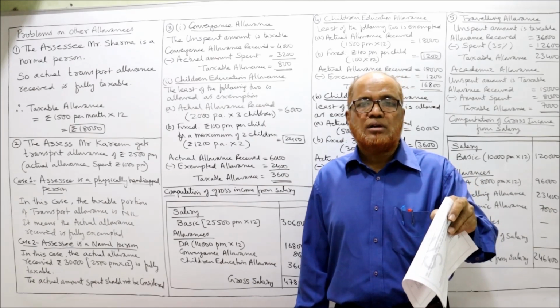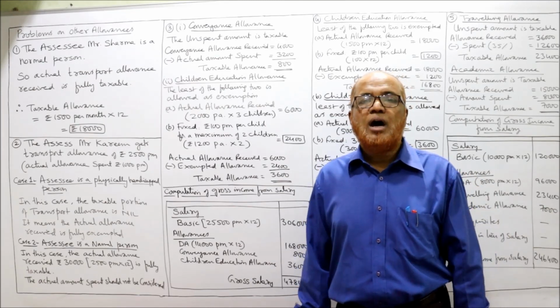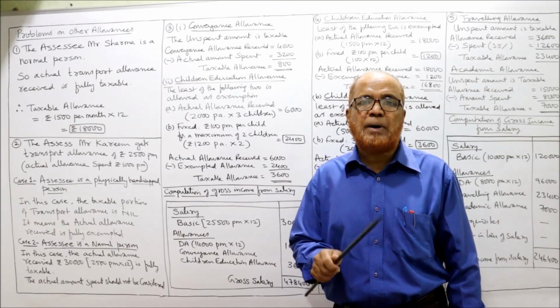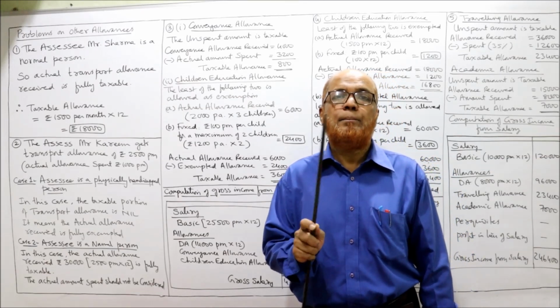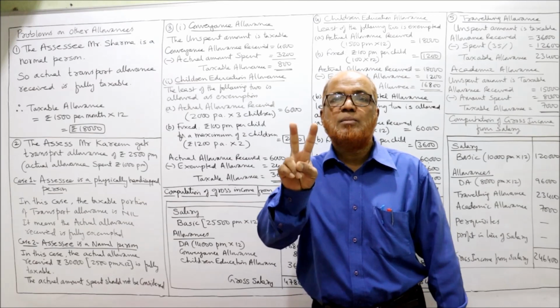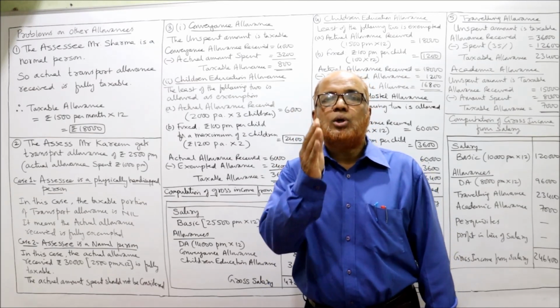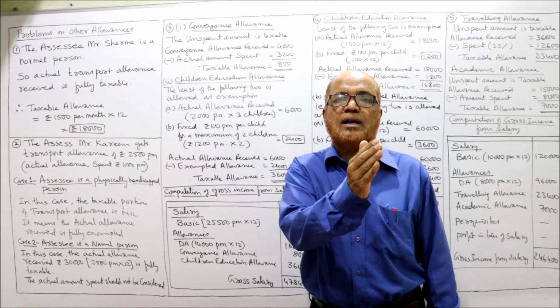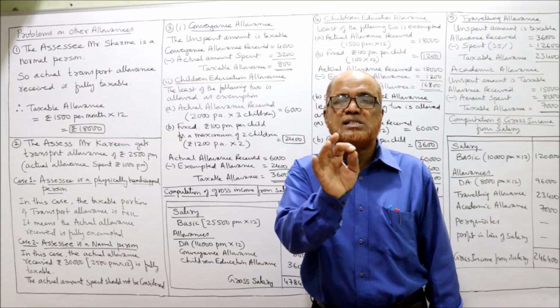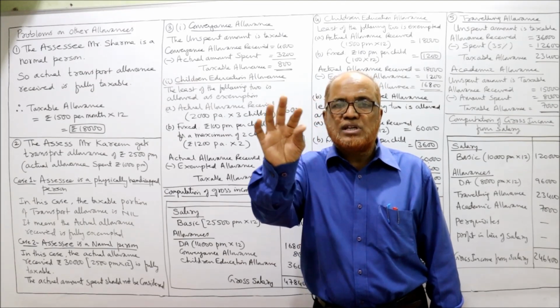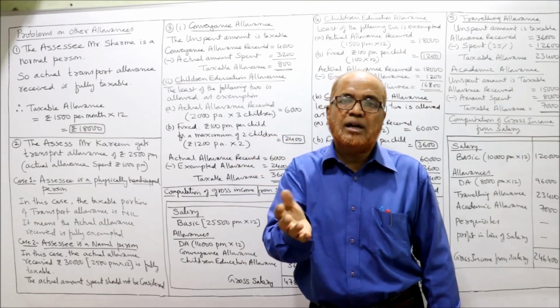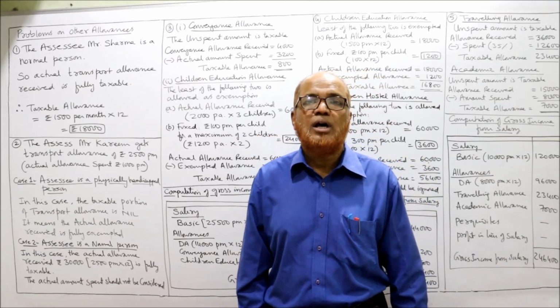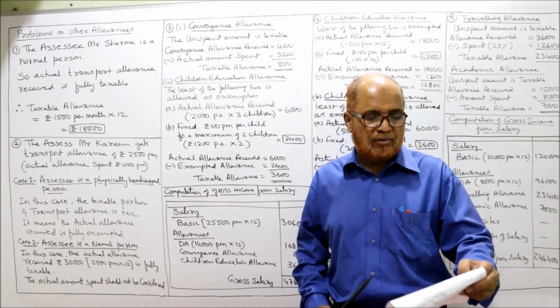Out of 6,000, exemption will be allowed at 100 rupees per month per child, or 1,200 rupees per annum per child, for a maximum of 2 children only. So 1,200 plus 1,200, 2,400 is exempted. Out of 6,000 rupees received, 2,400 is exempted, and the remaining is taxable.